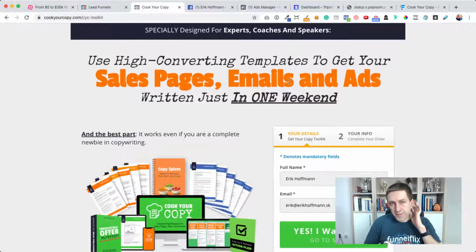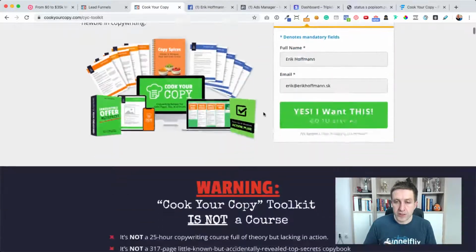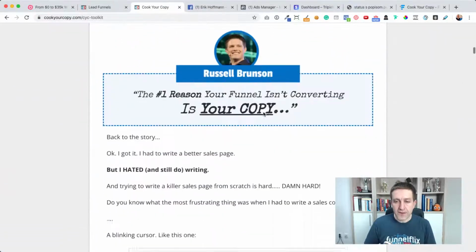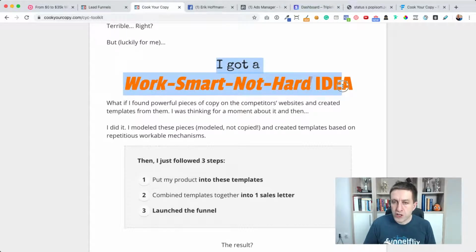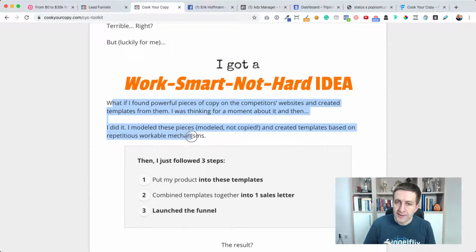You might think that you don't have to write every sentence really properly on your sales page because people don't read everything, and you're right. But on the other hand, people scan your sales page. They scroll down, and if there is anything that grabs their attention, they can start reading the text.